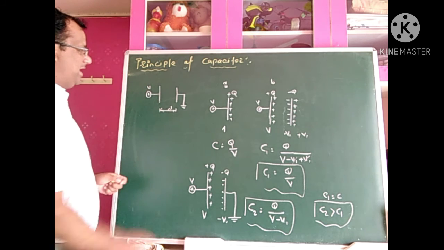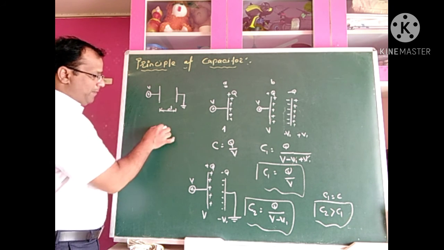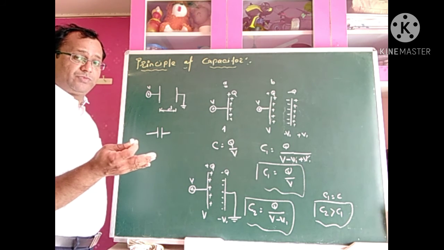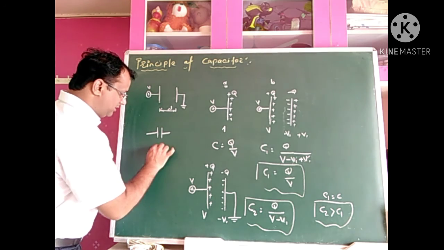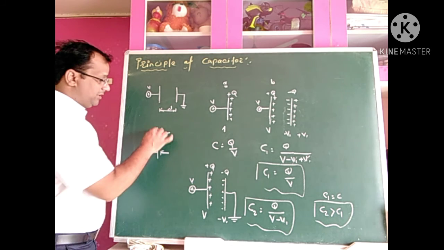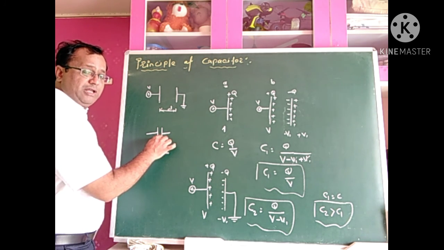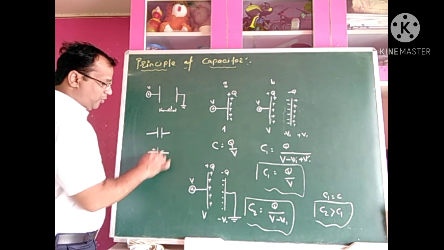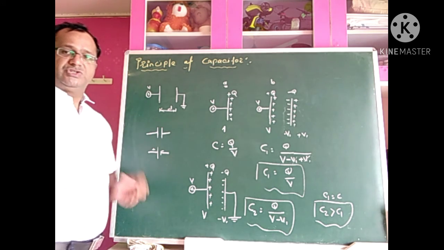The symbol of the capacitor is simply two parallel plates. There is another symbol also, but that is the symbol of a battery, and there is a difference between the two. In a capacitor the two plates have the same length and the same cross-sectional area. In the battery symbol, the positive plate is the larger plate and the negative plate is the smaller plate.